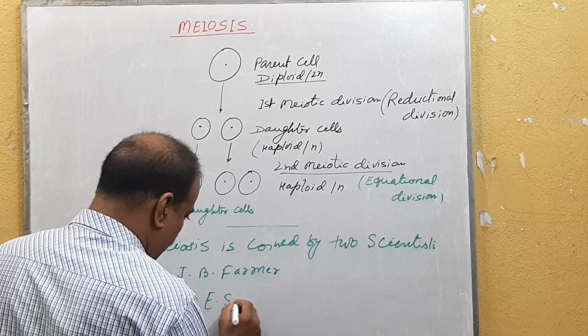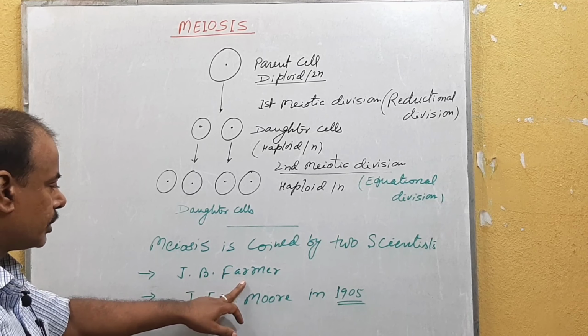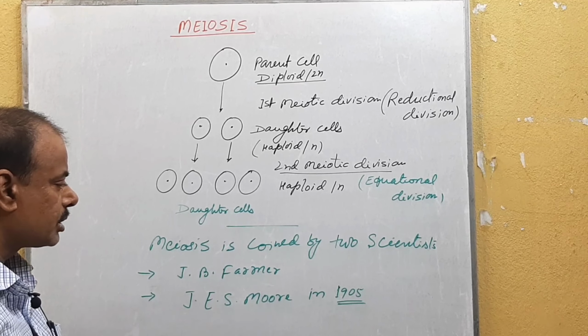So, from 1905, we have studied meiosis cell division, because this term was coined by 2 scientists, J.B. Farmer and J.E.S. Moore.